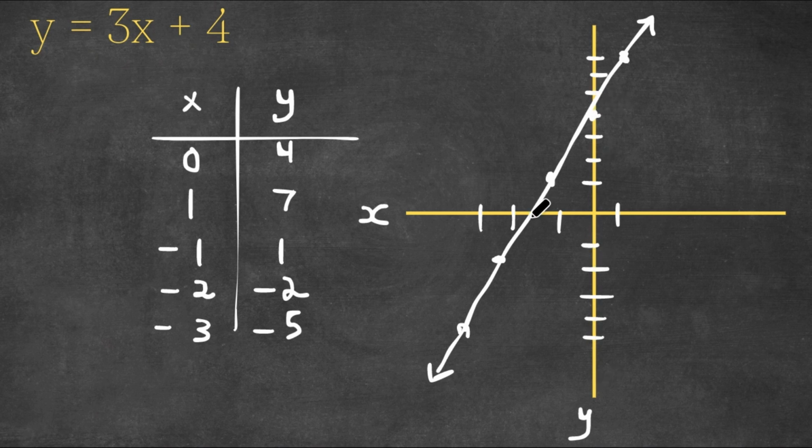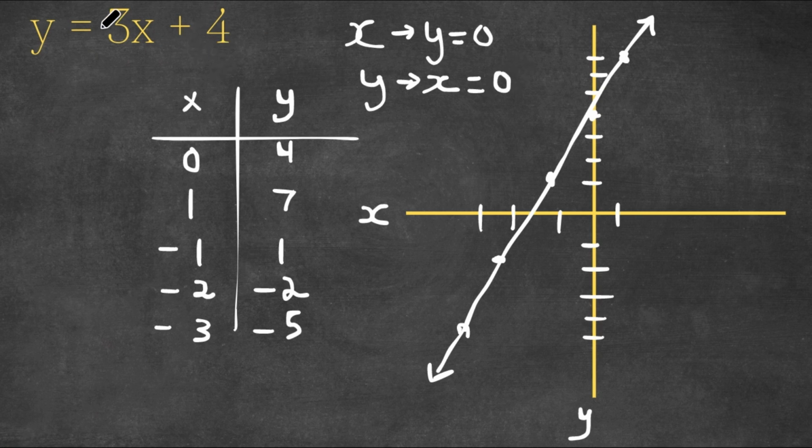And for this point right here, doesn't y have to be 0 for this point to be on our x-axis? Yeah. So for our x-intercept, y has to equal 0. And for our y-intercept, x has to equal 0. So they're complete opposites.